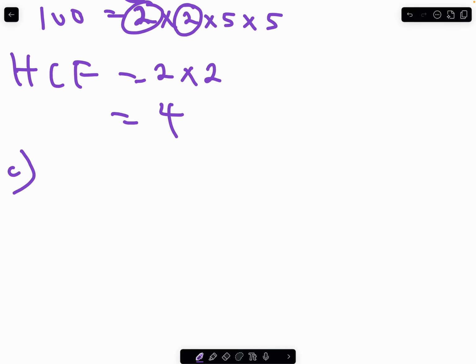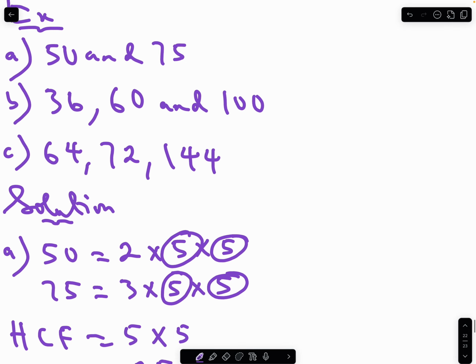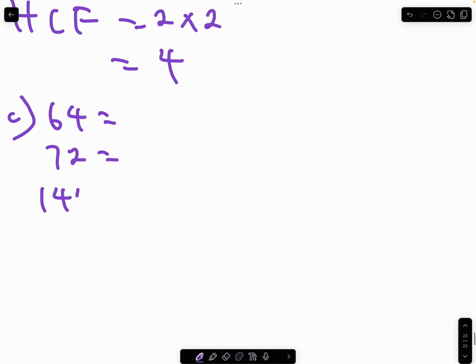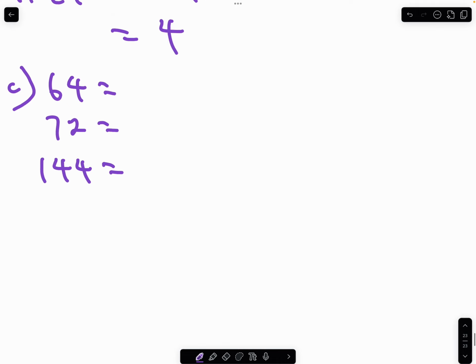Now to the last one, which is C. Find the HCF of 64, 72, and 144. By using the same method, 64, if you do that, is 2 times 2 times 2 times 2 times 2.